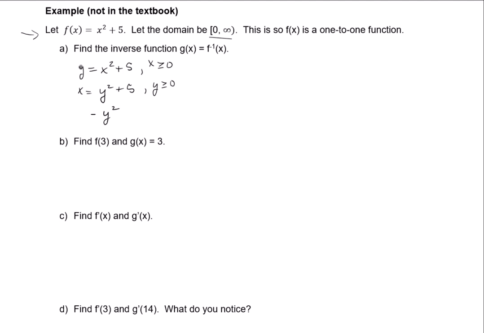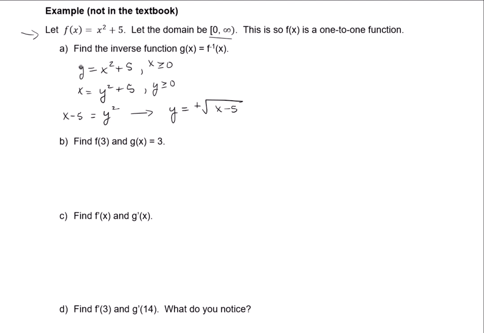Continue. Solve for y. So y squared is x minus 5. And now we're going to take the square root of both sides. Y is going to be equal to plus or minus the square root of x minus 5, except that we need to go ahead and apply this condition that says y is greater than or equal to 0, which means we're going to restrict this to only the positive square root of x minus 5.